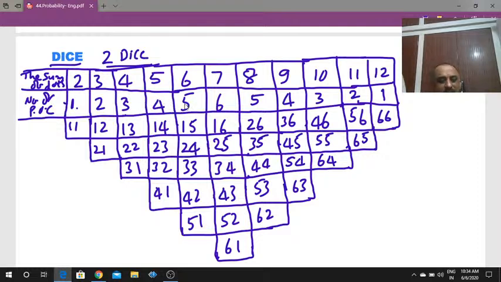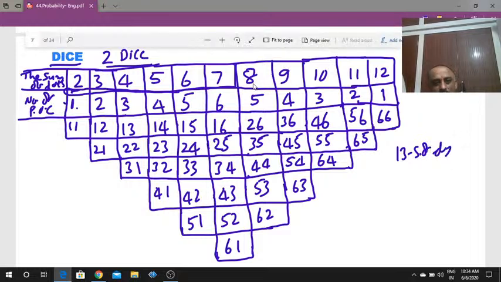Here one simple technique is there. From 2 to 7, the number of possible outcomes means just decrease 1 only. For example, 7 dots. How many possible outcomes are there? 7 minus 1, 6. But from 8 onwards, 8 to 12, the number of possible outcomes is equal to 13 minus the sum of dots.